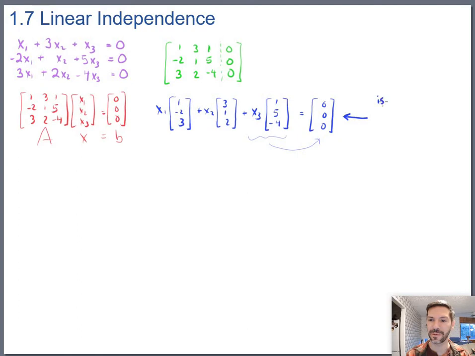So maybe that's worth writing out. Is there some way to combine two of these vectors to produce the other one?